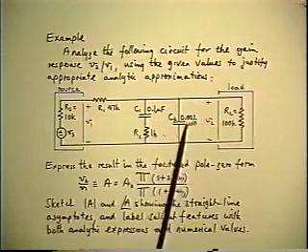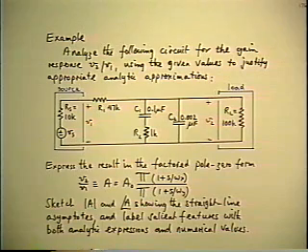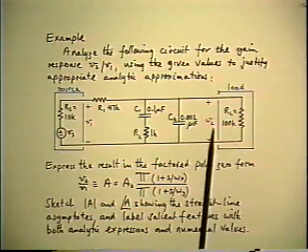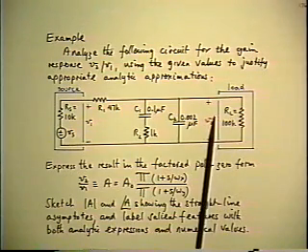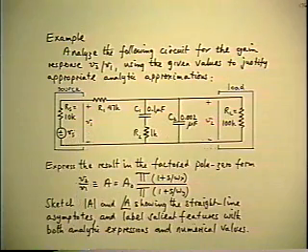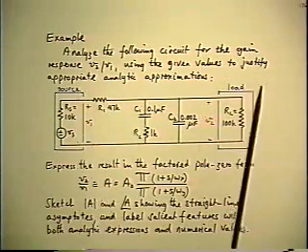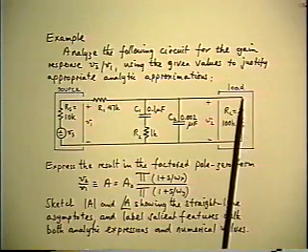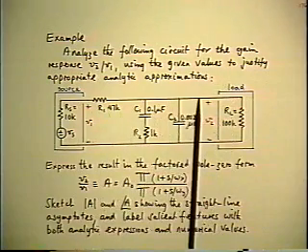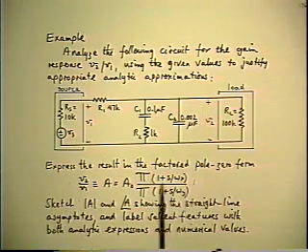A circuit now that has two capacitors and a few resistors, and I've specified the particular problem of interest right now, which is finding out the voltage transfer function V2 over V1, and I've written it in the format that employs the kind of wording that I recommend, which is analyze the circuit for the response V2 over V1 using the given values to justify appropriate analytic approximations, and express the result in standard factored pole zero form, which I've specified here.